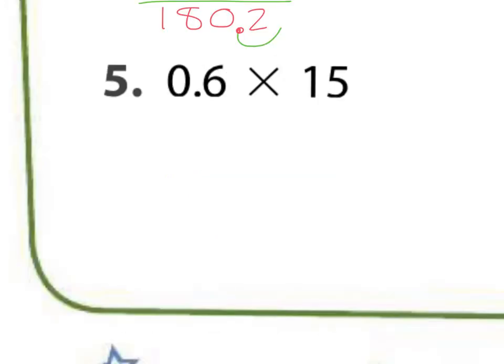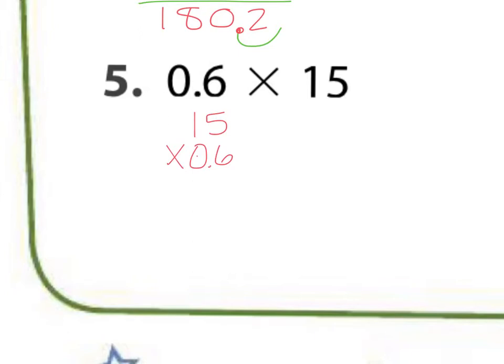Okay, for number 5, just because I like things to look nice, I'd probably put the 15 on the top. And I'm not going to put 0.6, or 0 and 6/10 like that, because the 0 is basically nothing.